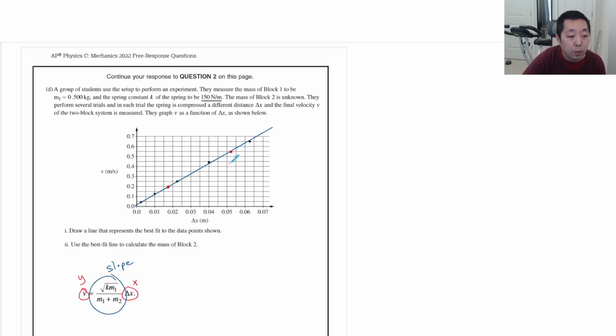So this guy's point is 0.175, 0.2, and this is the point 0.525, 0.55. So the slope is about equal to 0.55 minus 0.2 over 0.525 minus 0.175, and I don't know what the units of this are going to be.